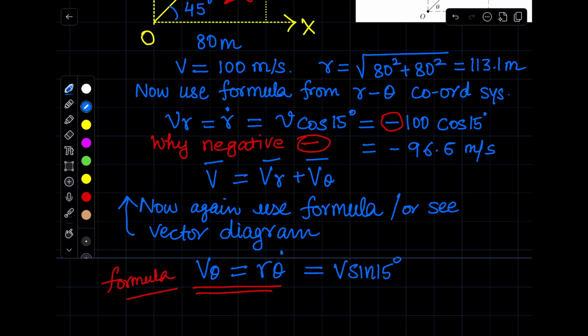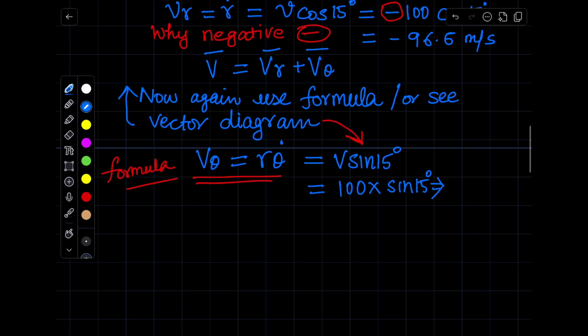If you go back to the vector diagram, you will see that V theta is exactly V sine 15. So I will simply write the value for V, 100 multiplied by sine 15. And this is a positive quantity because the direction of the V theta vector is along the positive theta axis. So from this formula you can now easily calculate the value for theta dot.